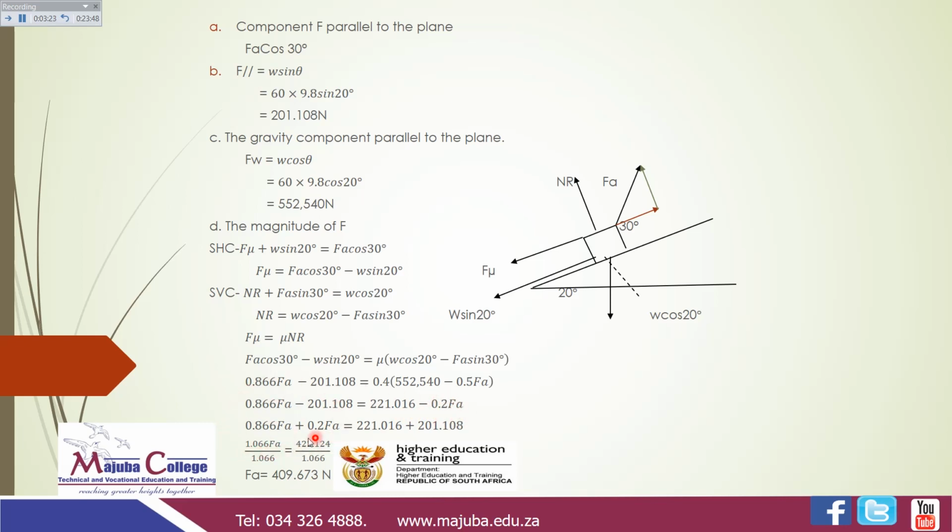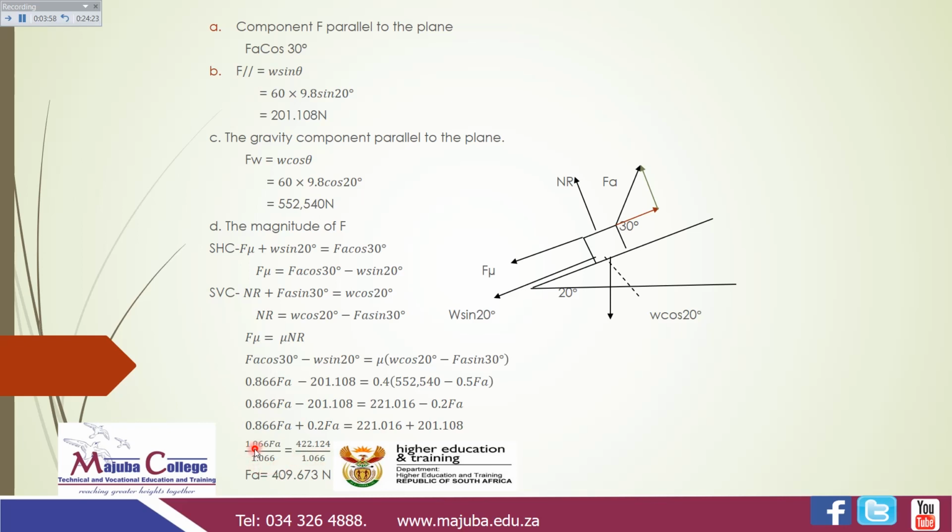So you'll collect the like terms. 0.866 FA plus 0.2 FA will be equal to 221.016 plus 201.108. So you add this part, you'll get 1.066 that you are going to use to divide both sides.